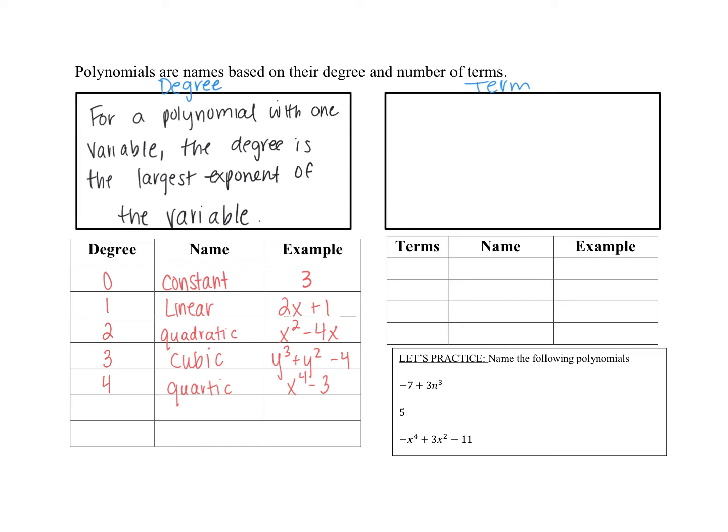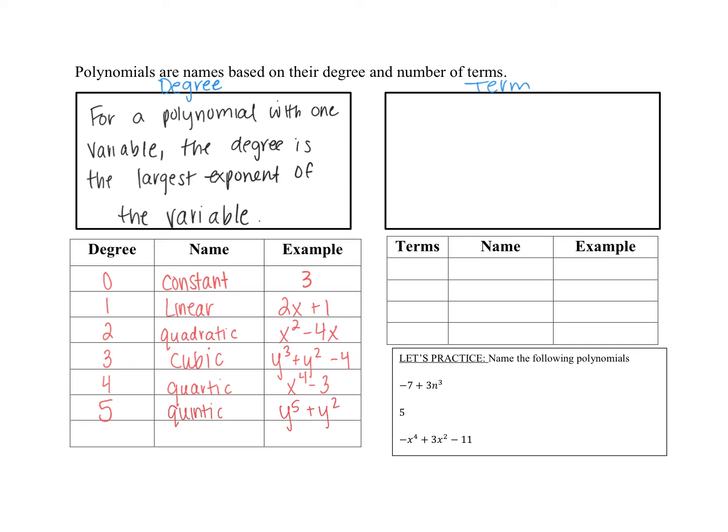Then we're going to move on to when we have an exponent of 5, okay? So when we have a degree of 5, the name of that is quintic. Okay, I know these are challenging words. I'm not going to really have you say them. We just need to be able to write them. And what a quintic expression would look like is when the highest degree is 5. So something that would look like that.